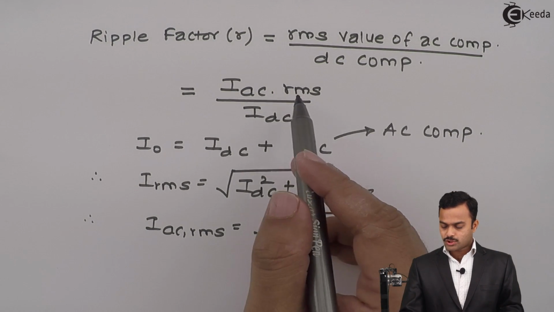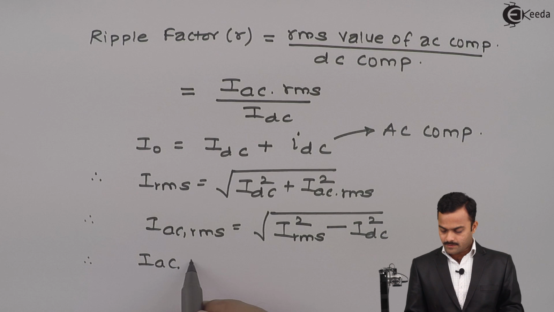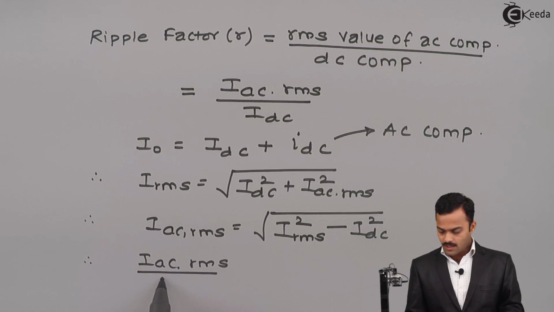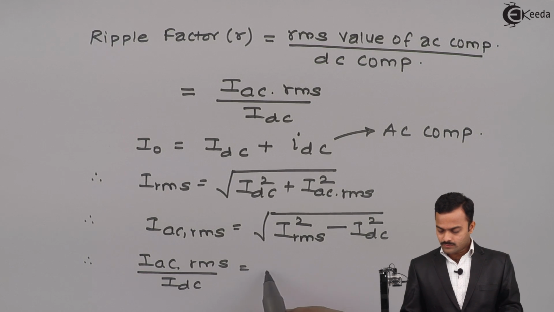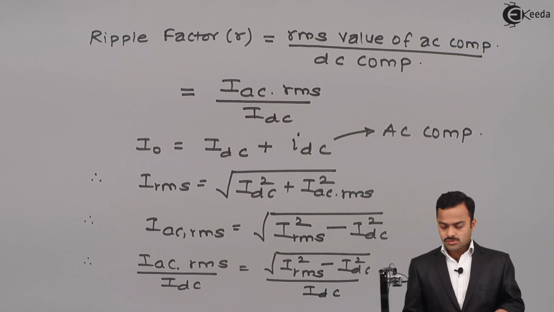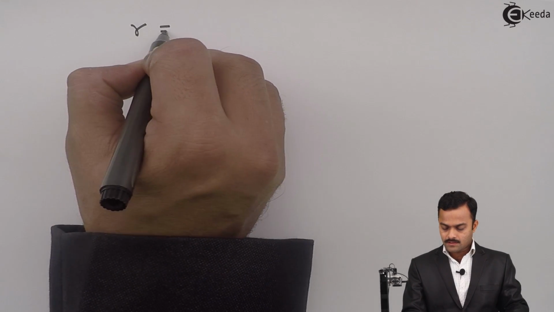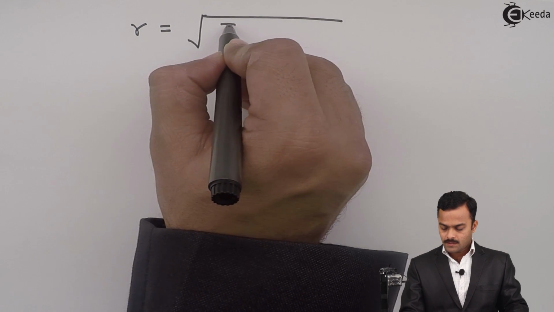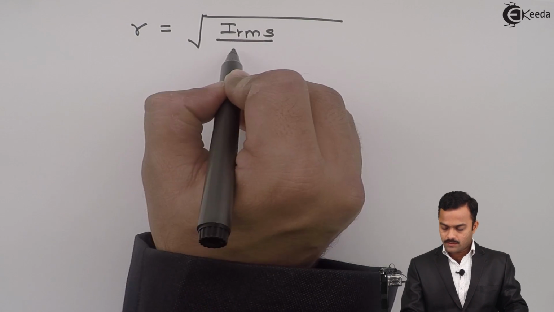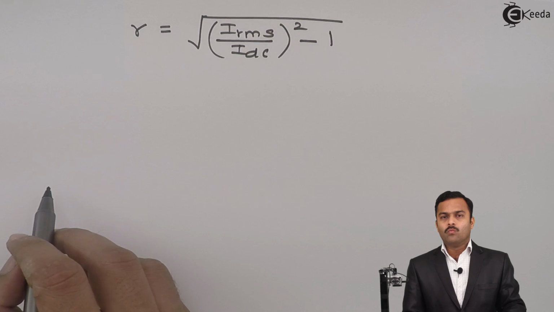We want ratio of IAC RMS with IDC. So IAC RMS upon IDC will be equal to root of IRMS square minus IDC square divided by IDC. So if I further simplify this, I will get ripple factor is nothing but root of IRMS upon IDC whole square minus 1.